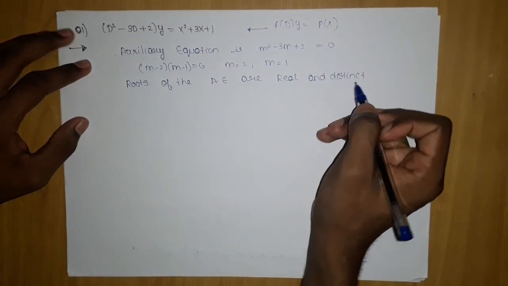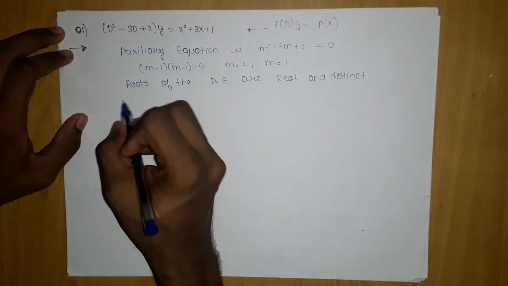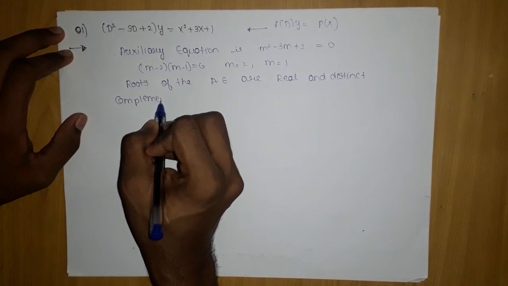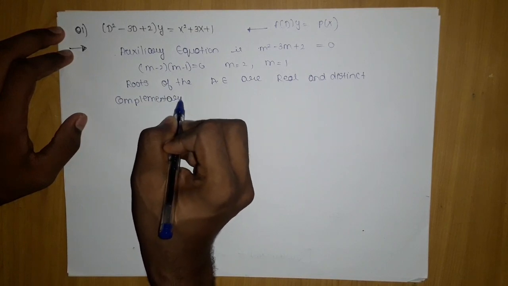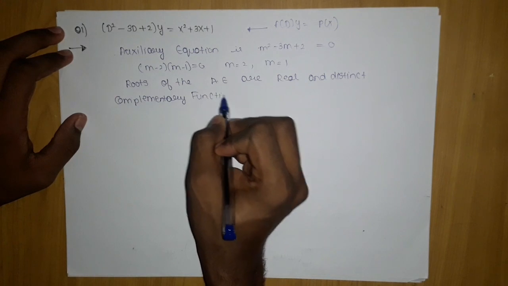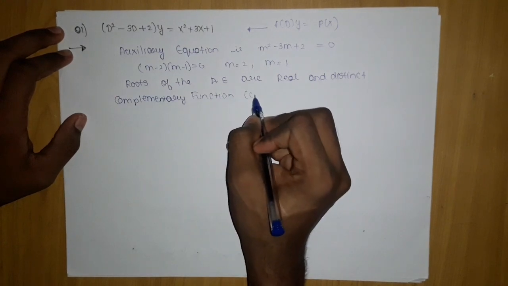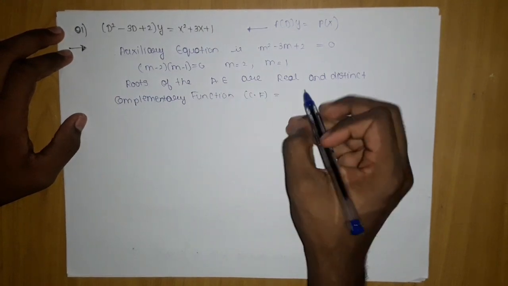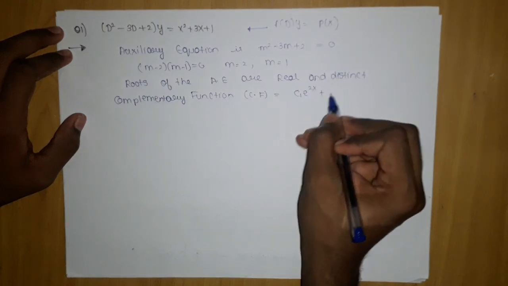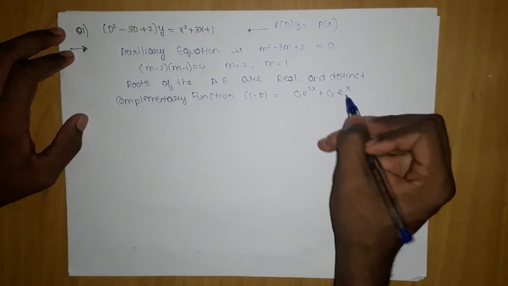Now we can focus on getting the complementary function. C.F. is nothing but c1 e to the power 2x plus c2 e to the power x.